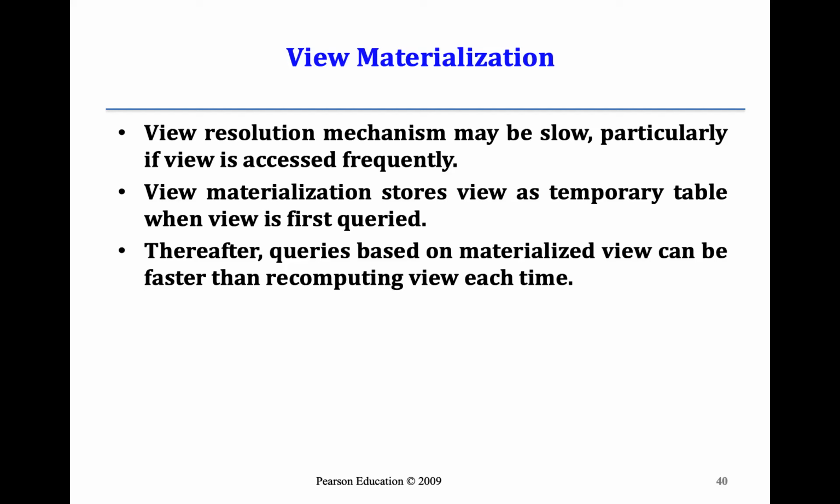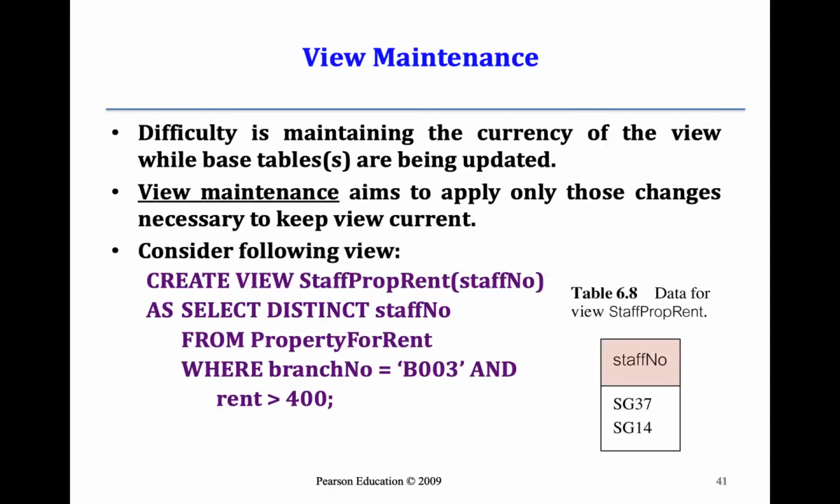But if the view is frequently used, that could put a lot of strain on the database's resources, because every time we want to look at the output of that view, the query is reperformed. So the other way we might do it is to cache the table and store it physically on the database. The interesting thing then is how we keep that cached version up to date.